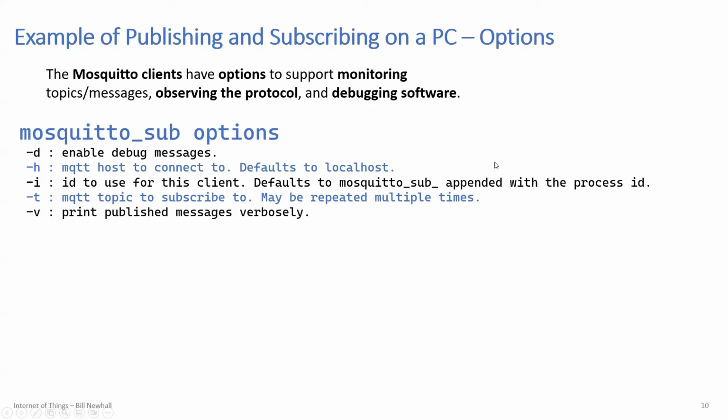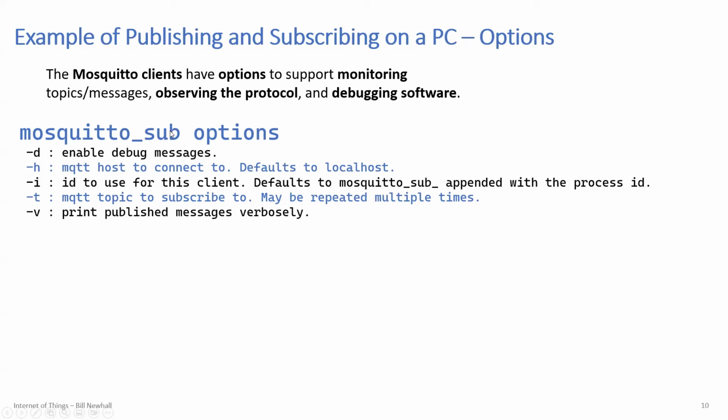So you don't have to specify that. -v prints the messages verbosely. And what that really means, it's going to show you not only the message, but the topic associated with that message. Let's suppose you subscribe to multiple topics and you want to see, well, over which topic did this message come? You can use the -v. I'll show you examples of this.